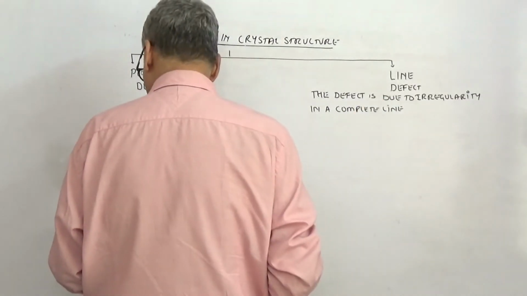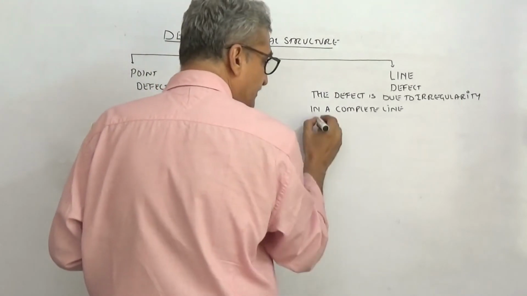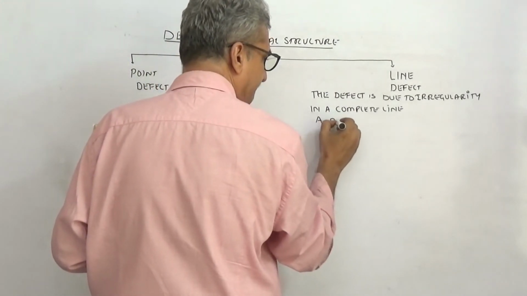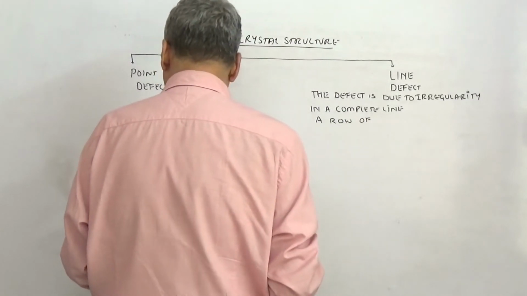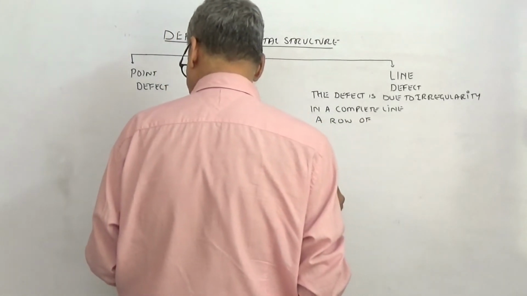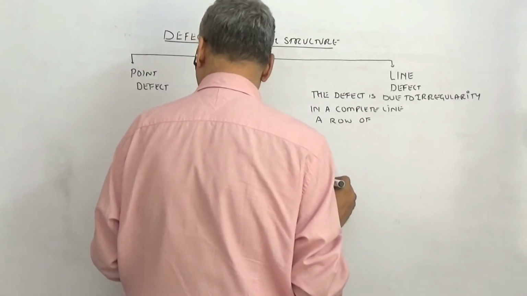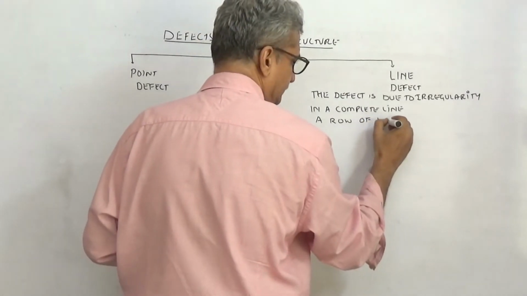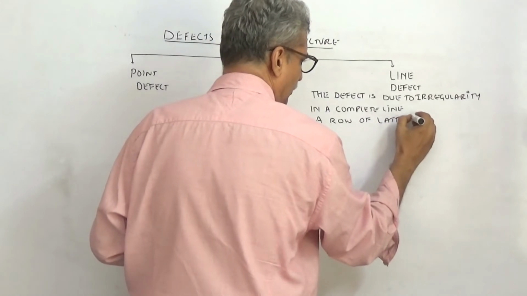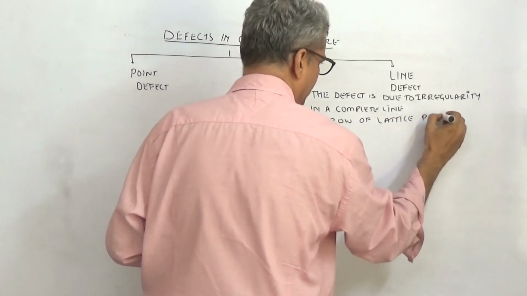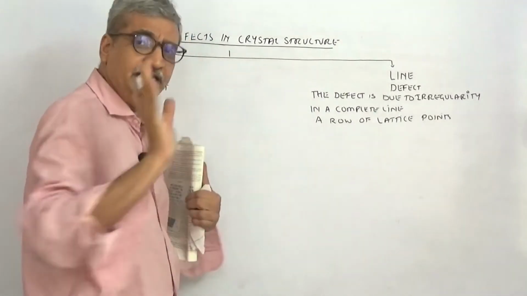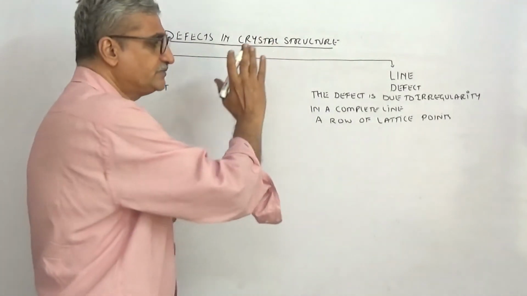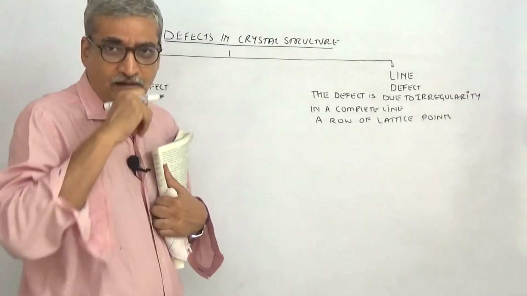First point. What does this mean? This means a row of lattice points is missing. In every textbook, whether it is the CBSE NCERT textbook or here, they have just mentioned this.